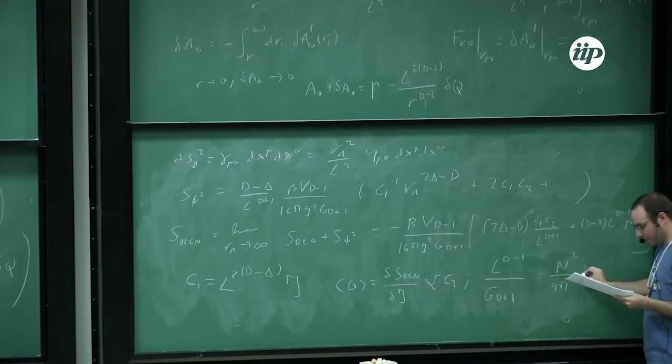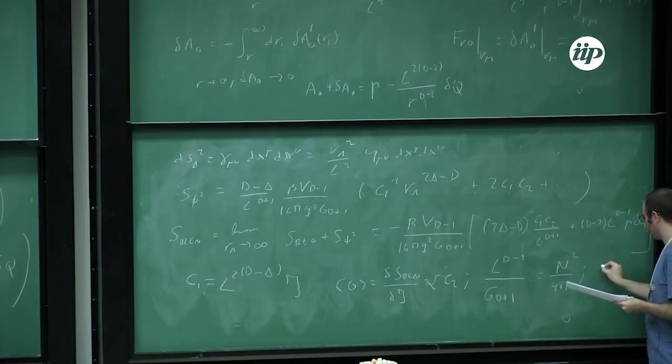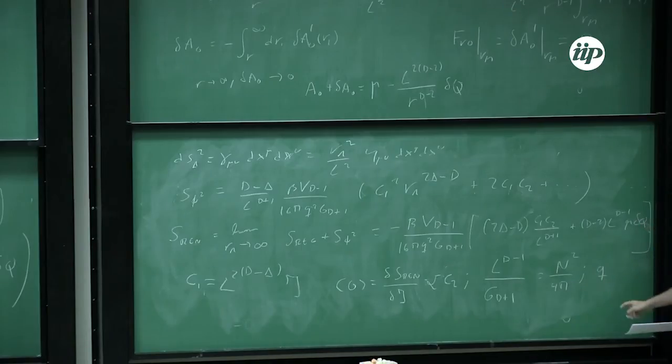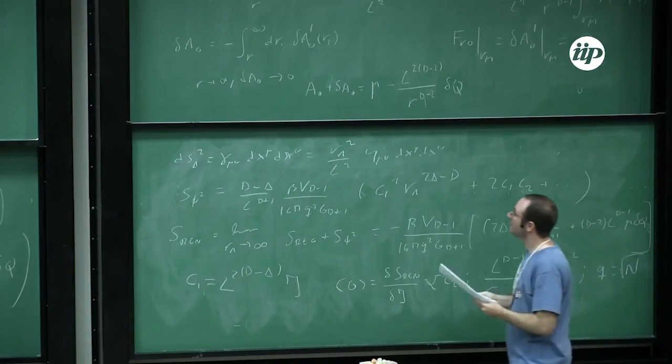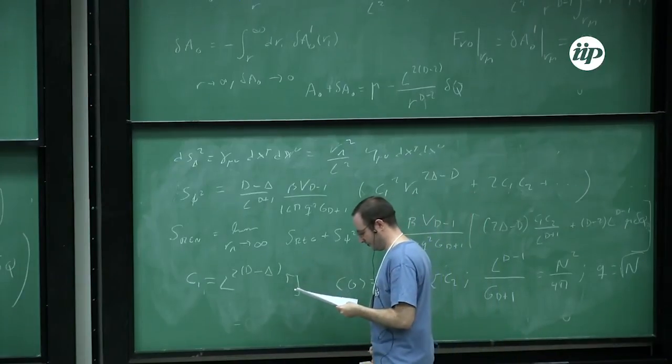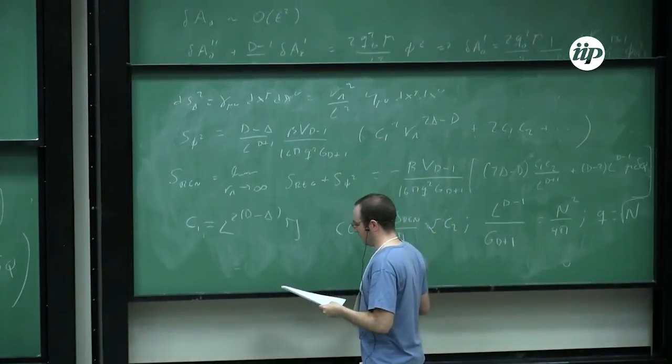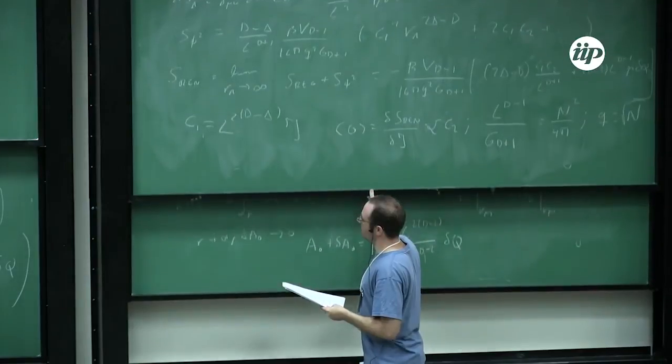And also, I'm going to use that we are in a limit where the charge is very large to use the probe approximation. And my choice is going to be that this is going to be a square root of N. Okay, this is just a choice I'm making, just to make these expressions look a bit simpler.